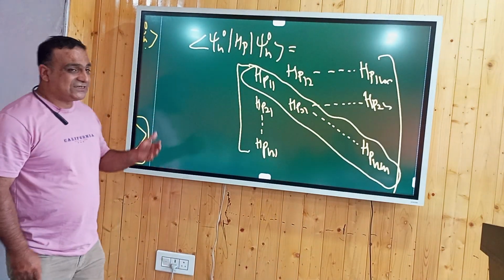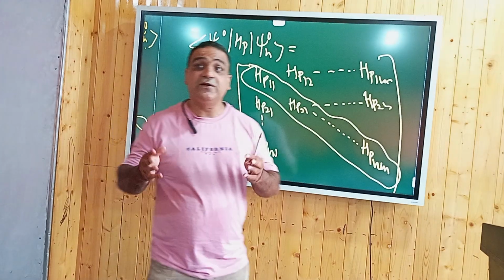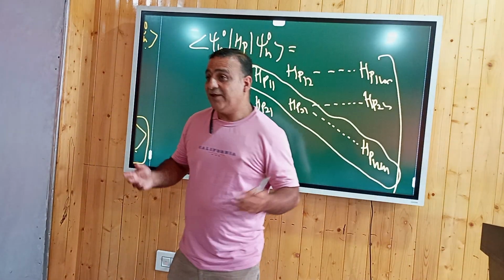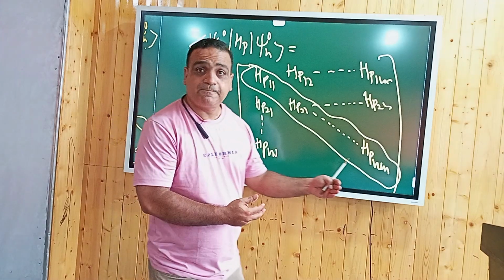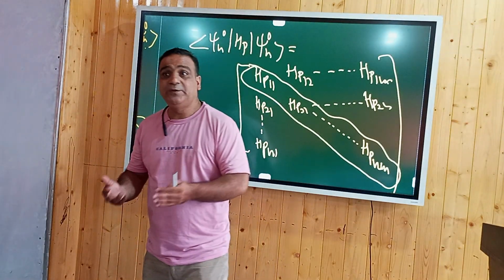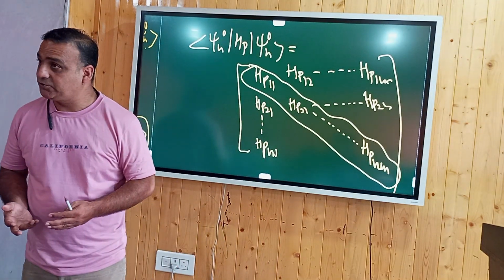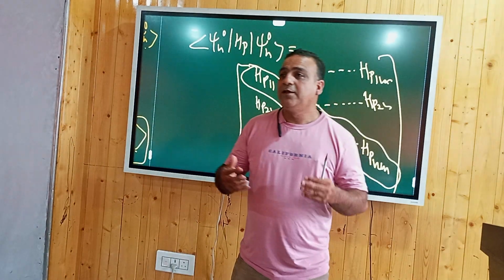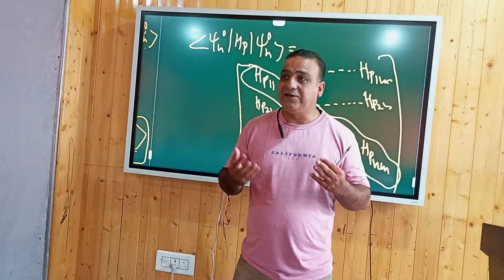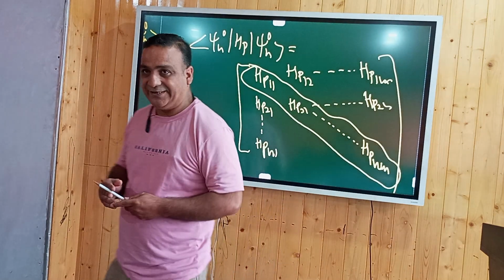Okay, so this is the story of correction in energy. Now the next story is, if there is correction in the energy, there has to be the correction in the eigenvector also, right? So the next thing that we would like to do is to evaluate the correction to the eigenvector.